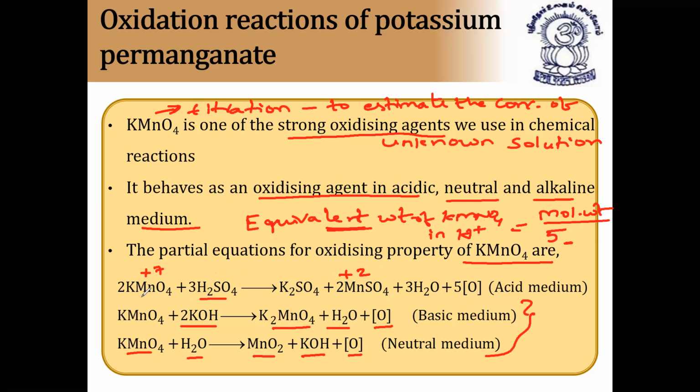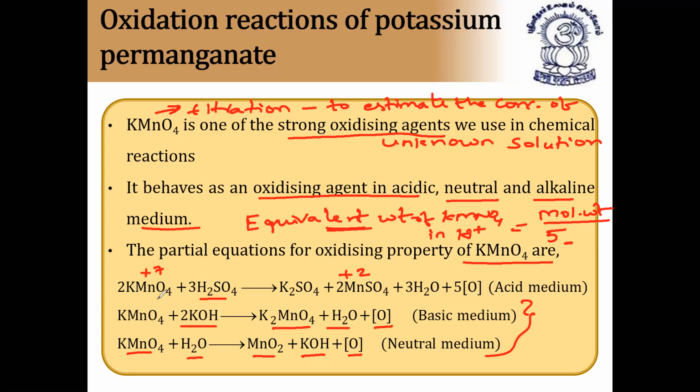So the atomic weight of each of potassium, manganese, and oxygen will be given to you. Based on that, you have to find the molecular weight using the formula. Potassium 1 atom, so 39, plus manganese 1 atom, atomic weight of manganese that is 55, plus oxygen 16. We have to add all these and find the answer.